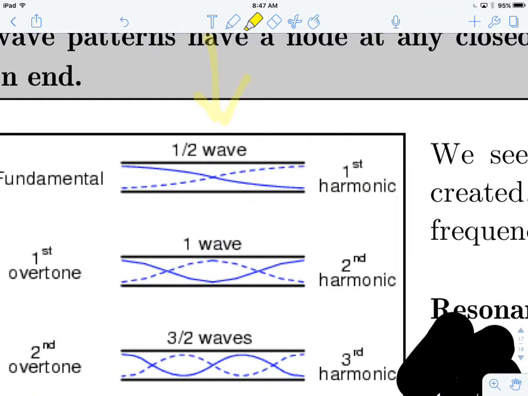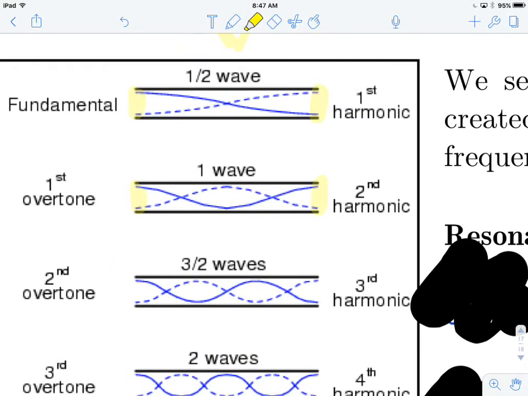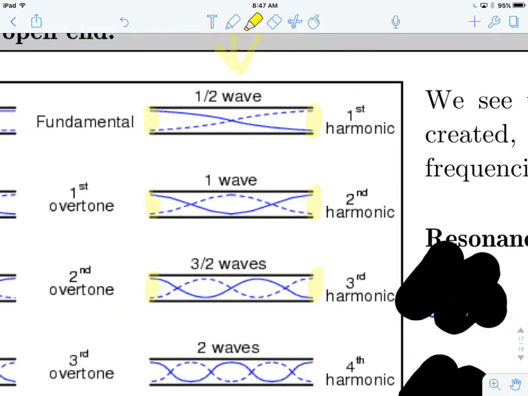You'll see an antinode at each end. And let's note how we label the harmonics in this case. Here's our first resonant length. This is, of course, representative of the fundamental frequency. And this is what we call our first harmonic. Just like with the strings, we have our fundamental frequency and our first harmonic.